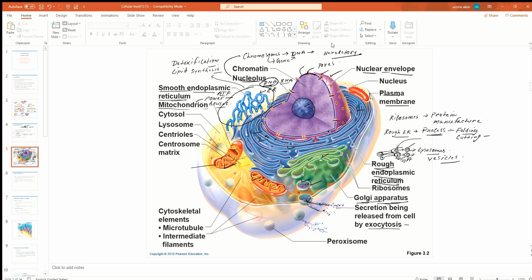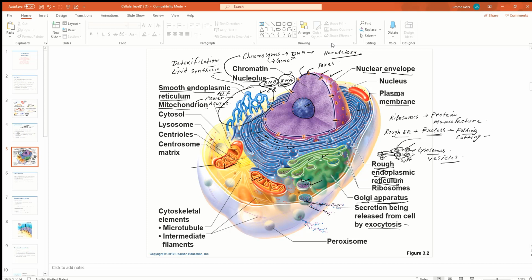Now, RNA is mainly responsible for the synthesis of a part of the ribosome. You remember the ribosomes, these tiny dot-like structures attached on the surface of the rough ER, which manufacture the protein. An important part of those ribosomes is produced inside the nucleolus, and that is the RNA.